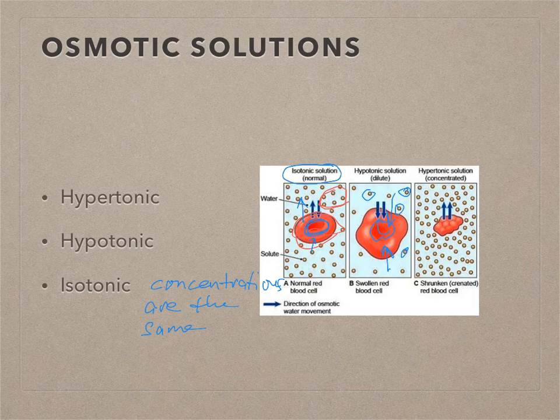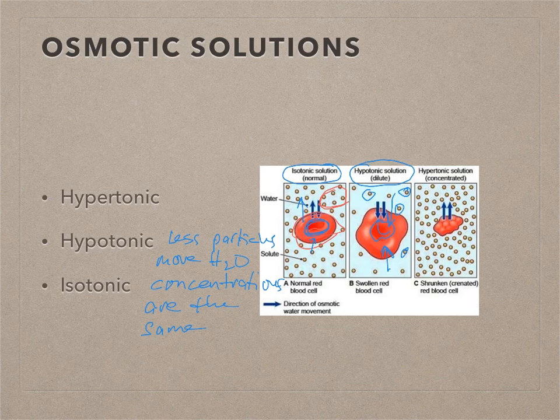It's taking on water, because in this case the solution outside is hypotonic, so it has fewer particles, which means more water outside the cell than inside. The water concentrations want to balance out, so water would move in and the cell is going to swell up. More water than solute would be hypotonic.